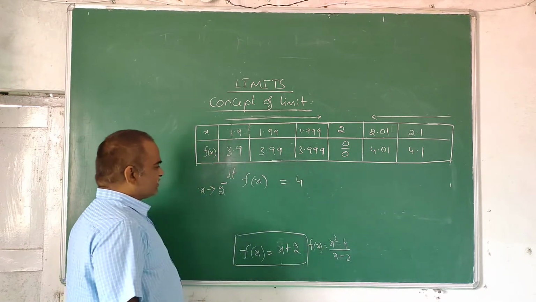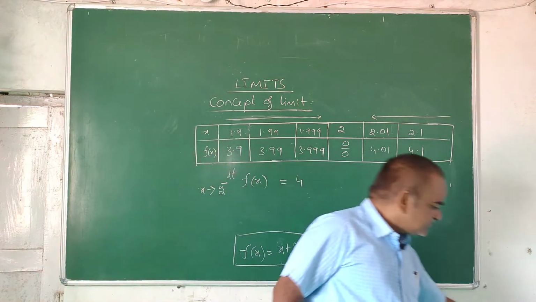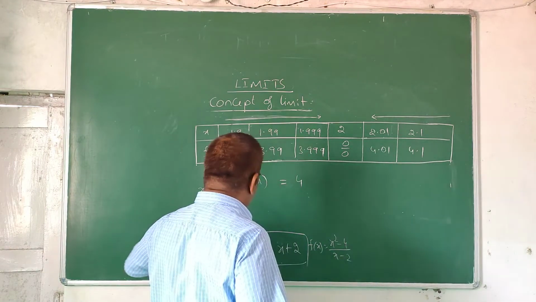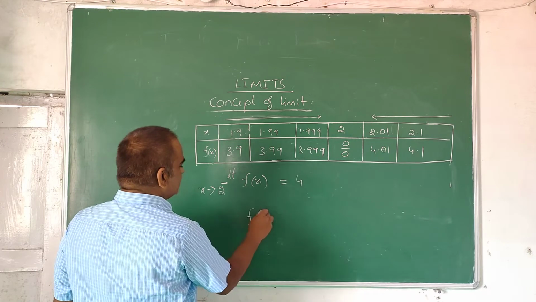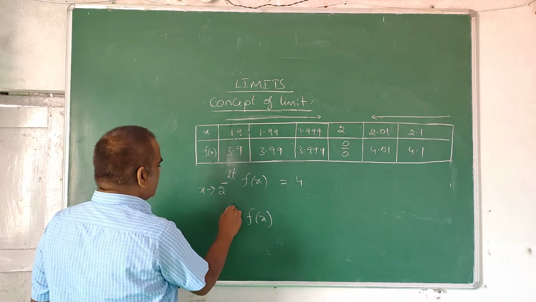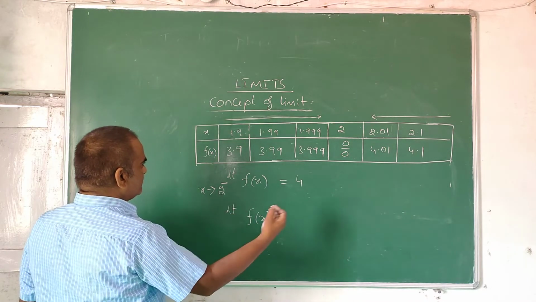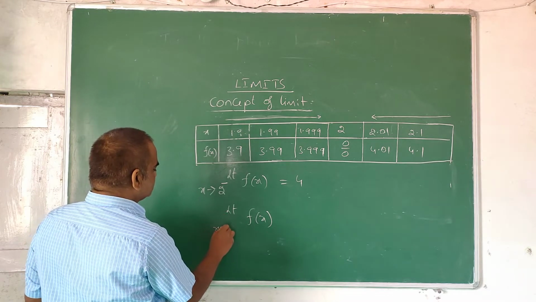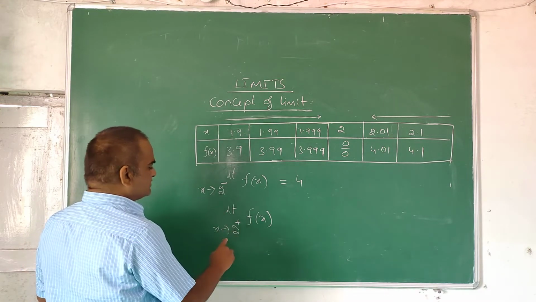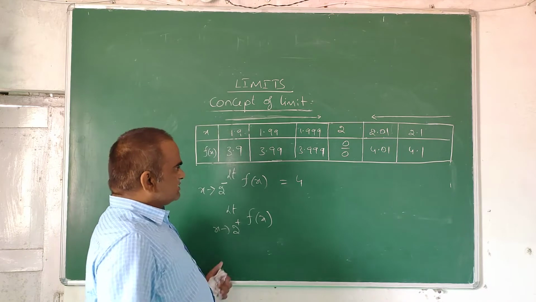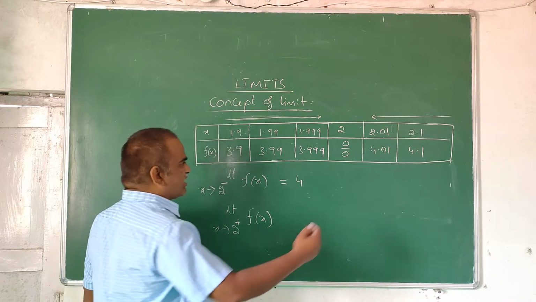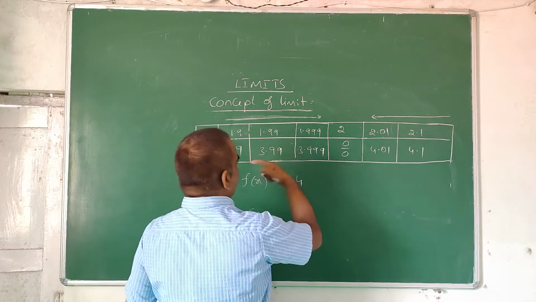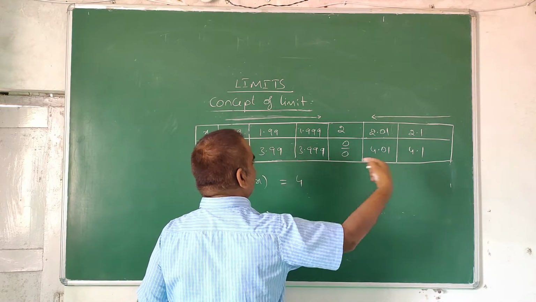So it is 4. Now, you can also see that when x is approaching 2 from the right side, which is called 2 plus, our f of x is coming closer to 4.